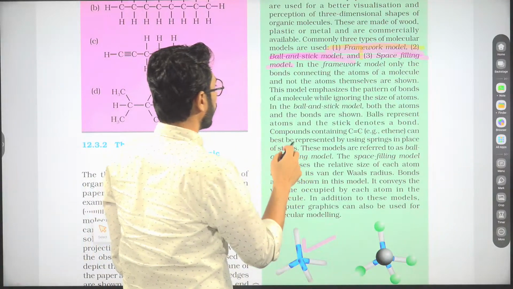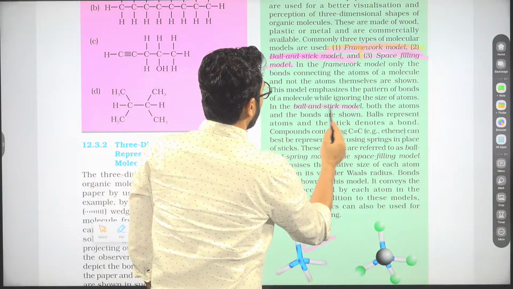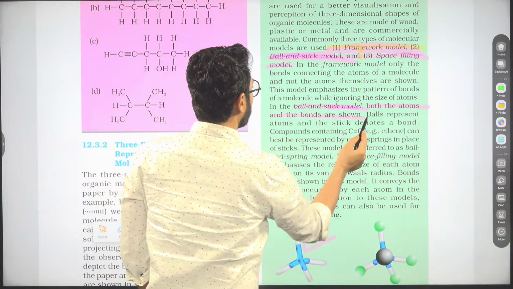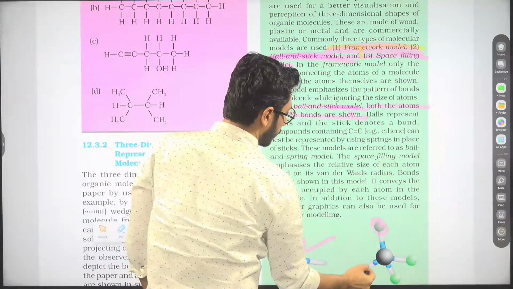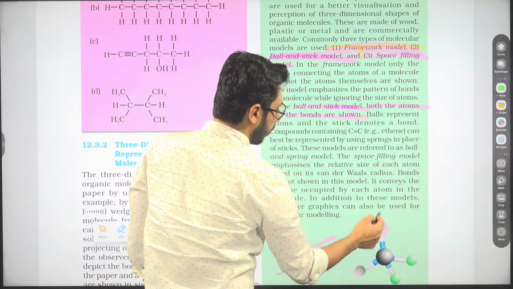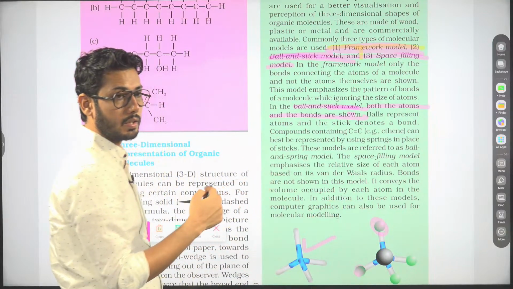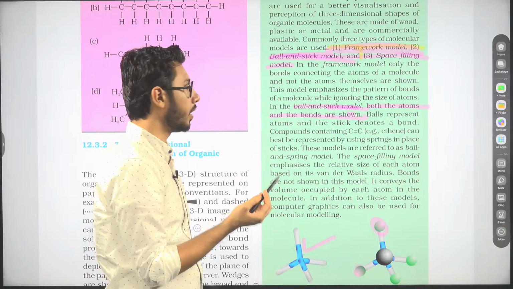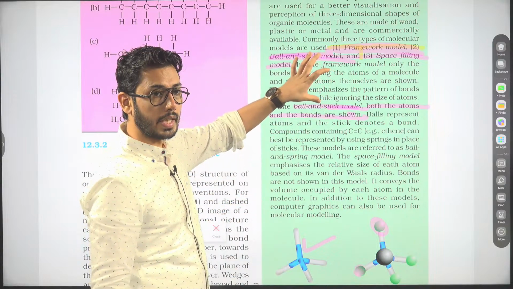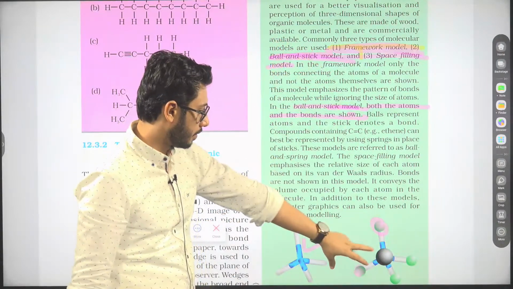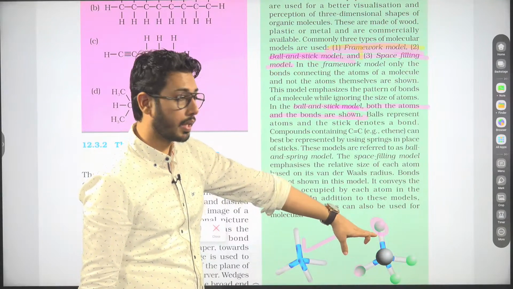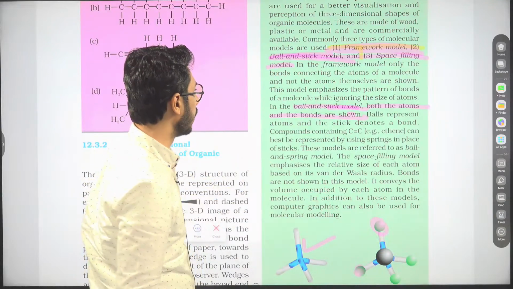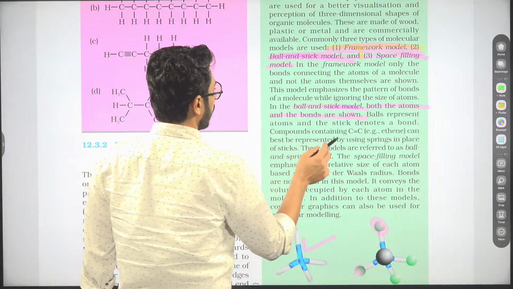In the ball and stick model, both the atoms and the bonds are shown like this. If only bonds are shown, which model is it? Framework. If the sticks, meaning bonds, are shown and atoms are shown, it is the ball and stick model.